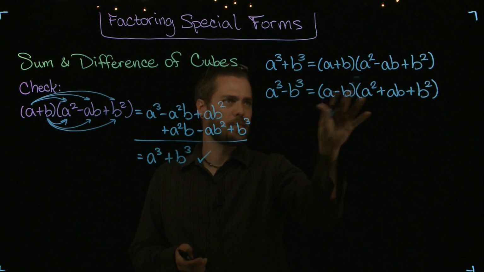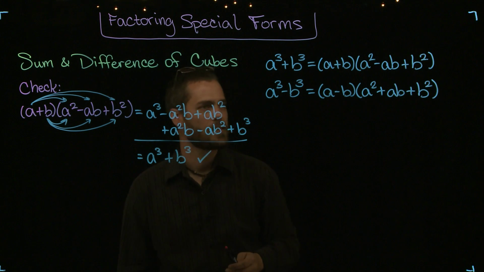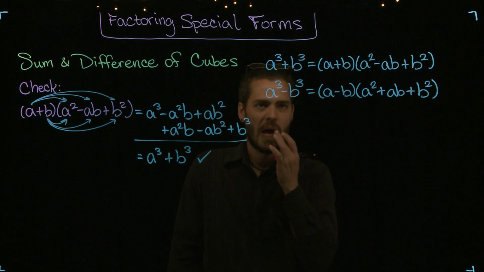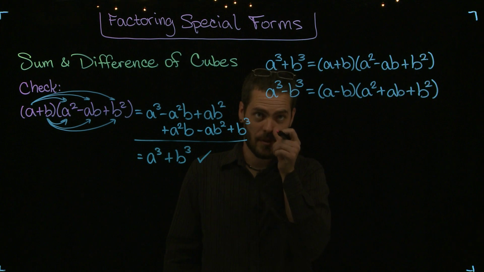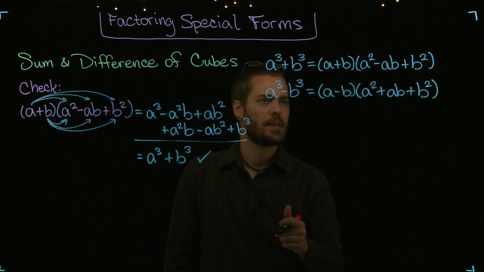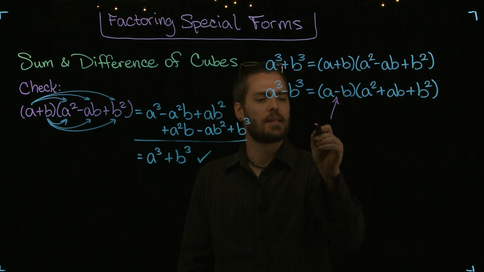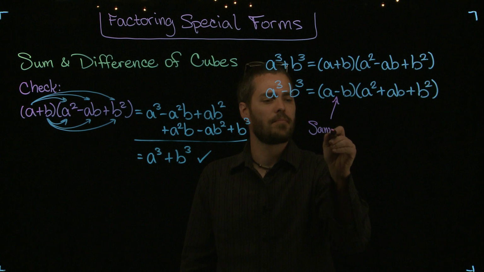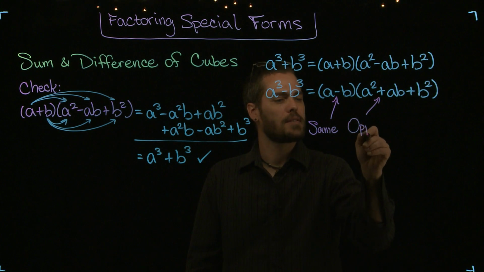Now, how can you possibly memorize those formulas? Well, some people have wonderful memories, some don't. I don't have the best memory, and so I like to remember my SOAP. What am I talking about with SOAP? This symbol is the same. This one is the opposite.